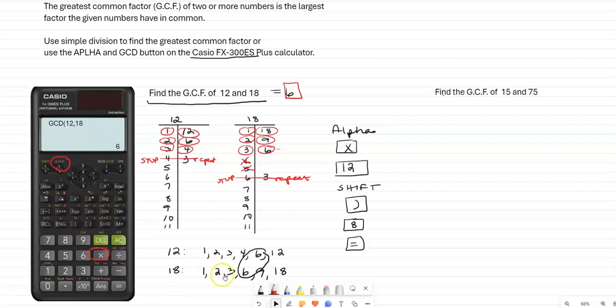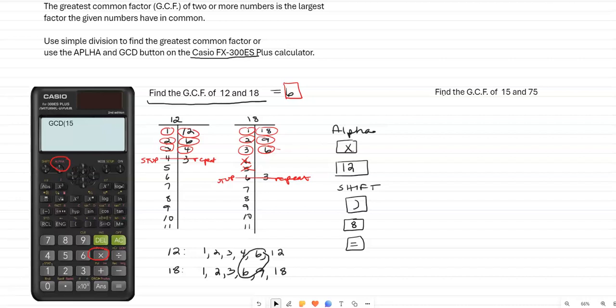This time you're going to enter the number 15. Once you've entered 15, now it's time to create your comma.